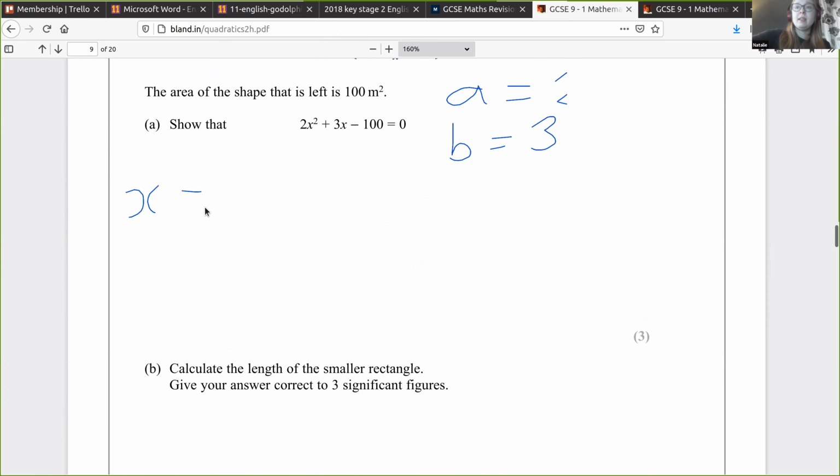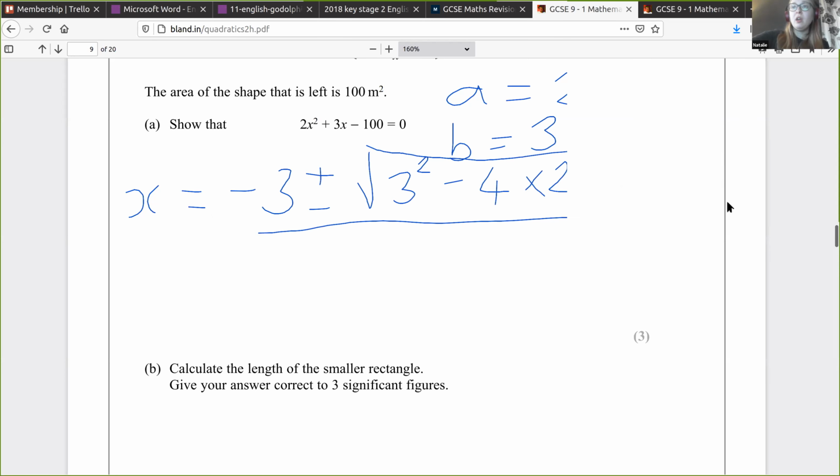Remember, x is equal to minus b plus or minus the square root of b squared minus 4ac, slightly wonky square root, all over 2a.